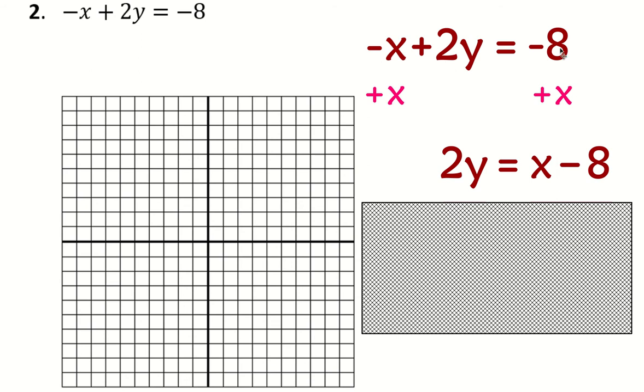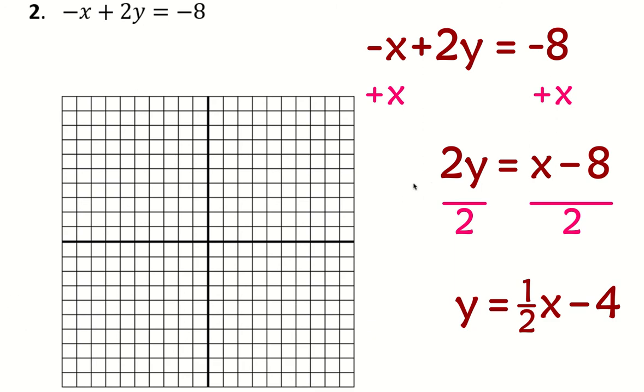And then over here, remember, if we want to have it be like literally perfectly matching y equals mx plus b form, we're going to put the x term before this constant term. So instead of saying that this is negative 8 plus x, I'm going to write it as x minus 8.